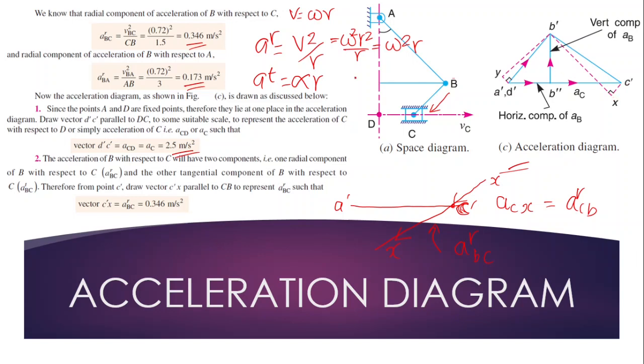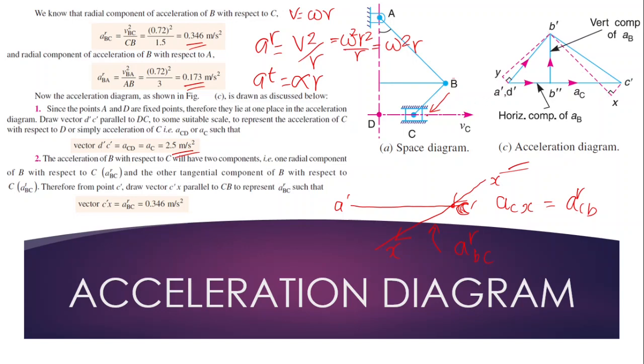Then we can draw the tangential component of acceleration, which is perpendicular to the link BC or perpendicular to this radial component, that must be passing through X. Then we can draw that line like this, the line of action of the tangential component of acceleration.